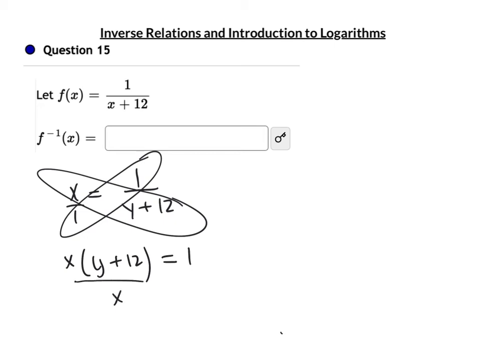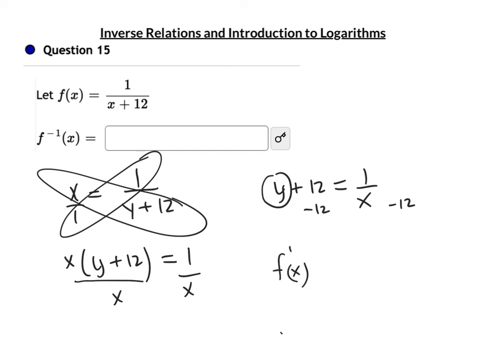I'm going to divide both sides by x first. And we get y plus 12 equals 1 over x. And we'll just take a 12 off each side. And I'm going to take y here and make it f inverse of x. That's the inverse function. It would be 1 over x minus 12.